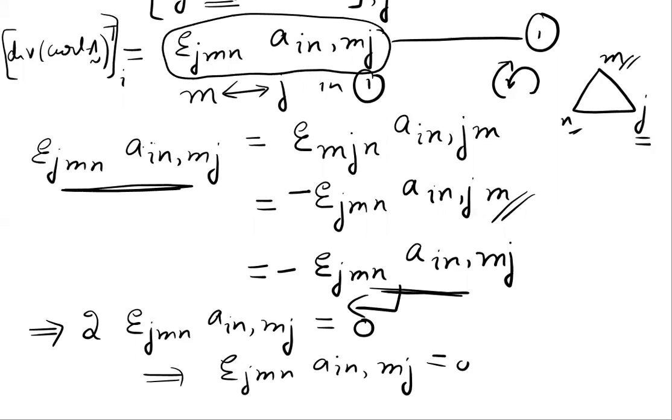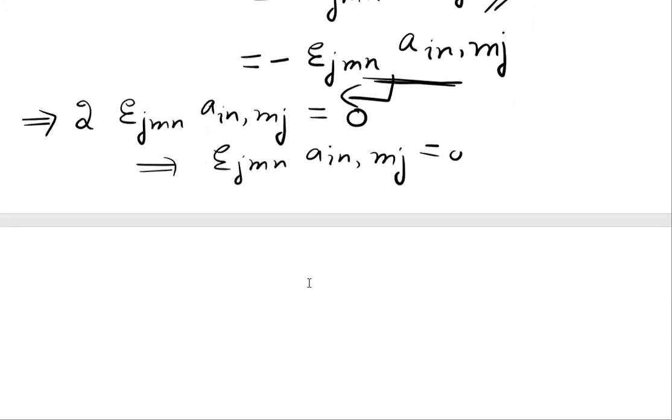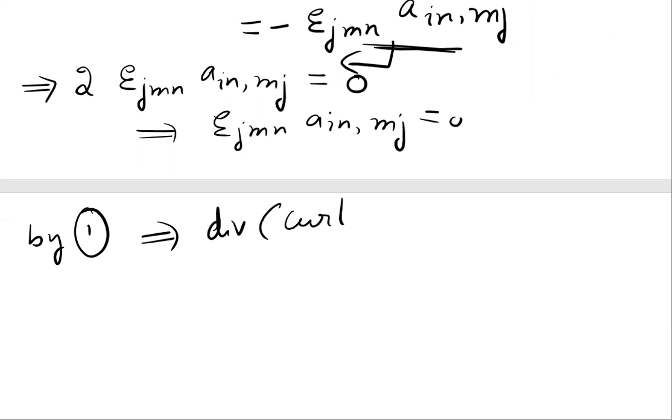So using 1, we get the i component of divergence curl A whole transpose is 0, because 1 implies this is equal to this.